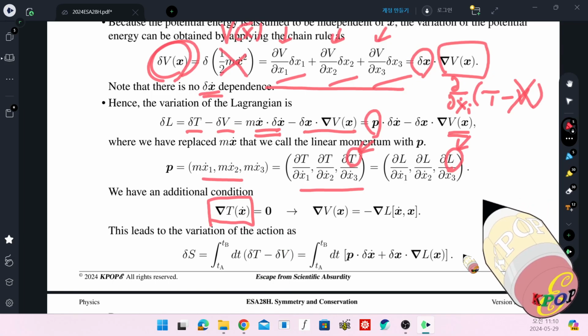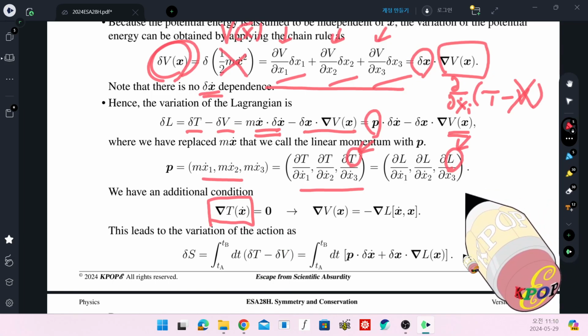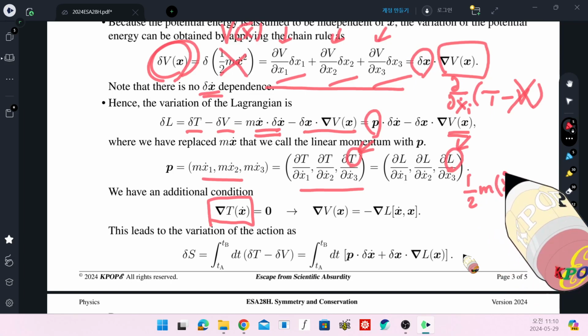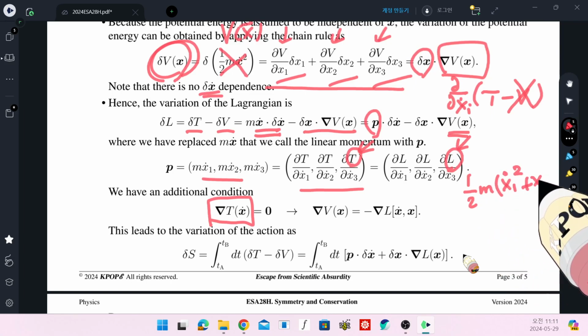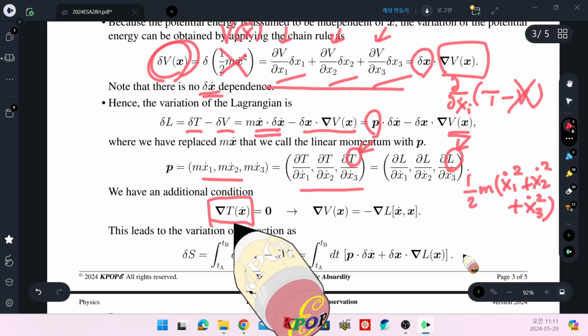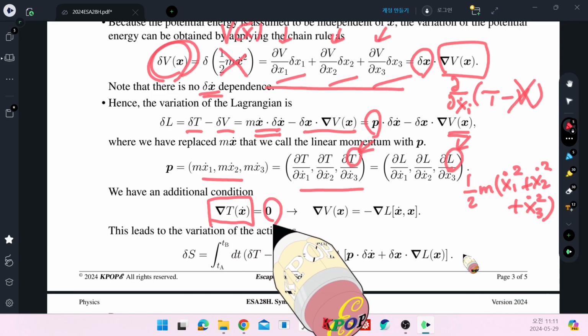It is true only for the Cartesian coordinate system. In the Cartesian coordinate system, kinetic energy does not depend on the Cartesian coordinate. Instead, it's the velocity only. All right. Therefore, the gradient of the kinetic energy is the 0 vector.